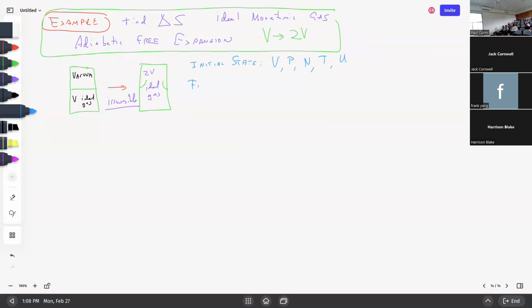And the final state, I'm going to have new volume, new pressure, number of particles is going to be the same. Let's just make it N, T dashed, U dashed. So the process is irreversible. I can't follow this process.